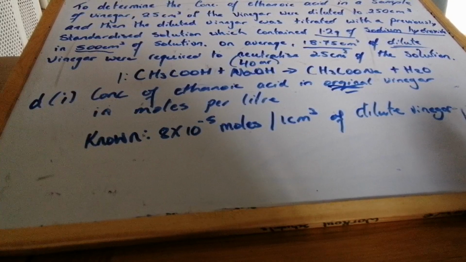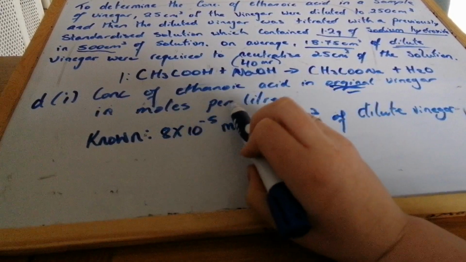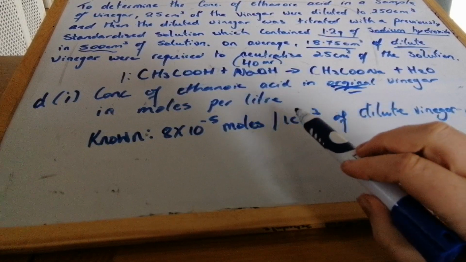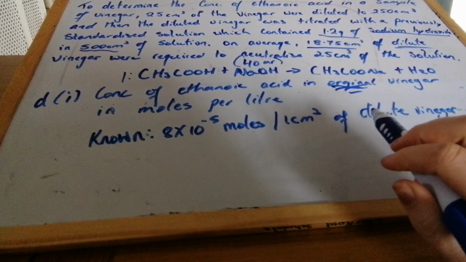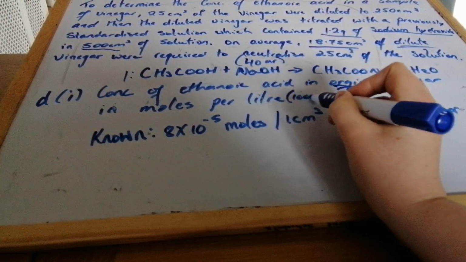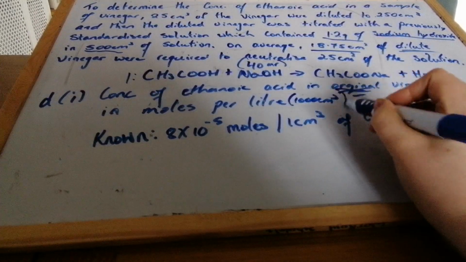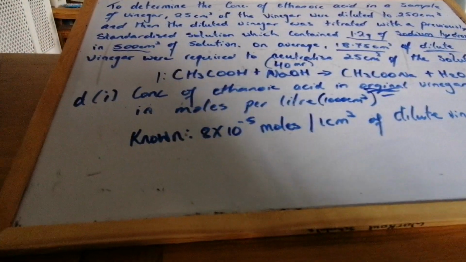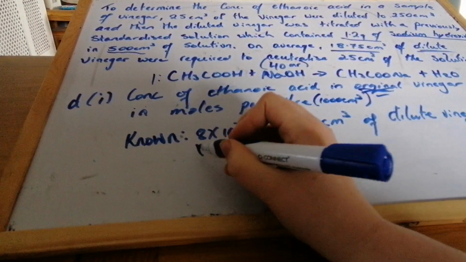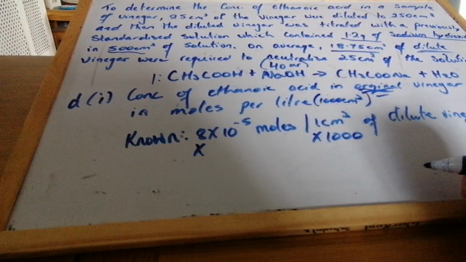Okay. What else do we know here? We know that we need to get to moles per litre. How many centimetres cubed are in a litre? We know a litre equals 1000 centimetres cubed. Okay. So simply, all we have to do is multiply this side to get to 1000 centimetres cubed.